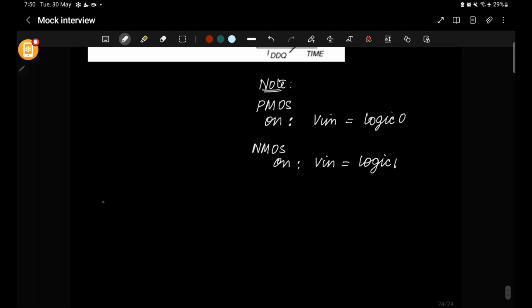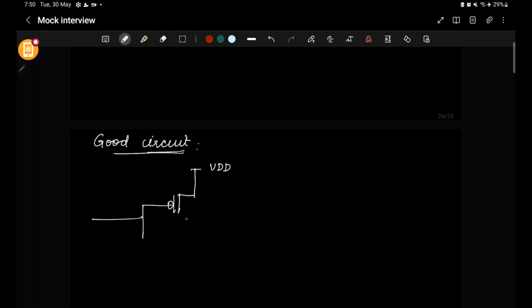Now consider a good circuit, that is, one without the NMOS stuck on fault. This is how the NOT gate looks.